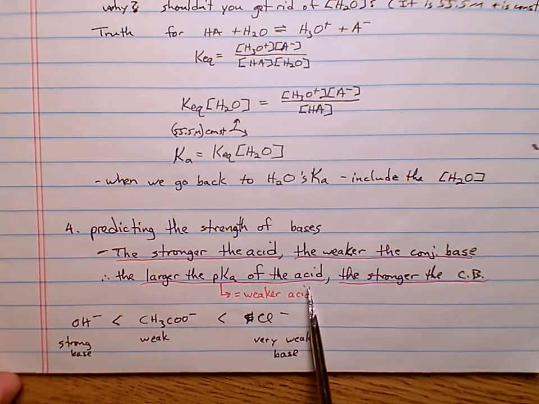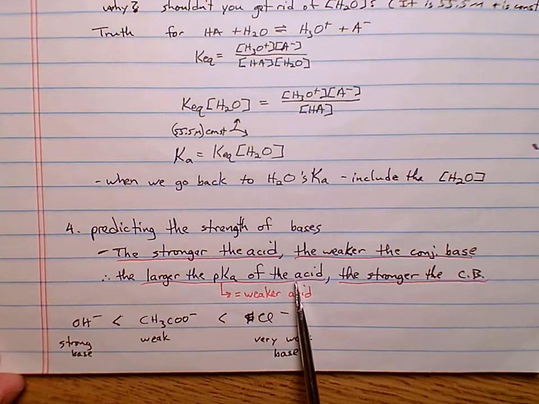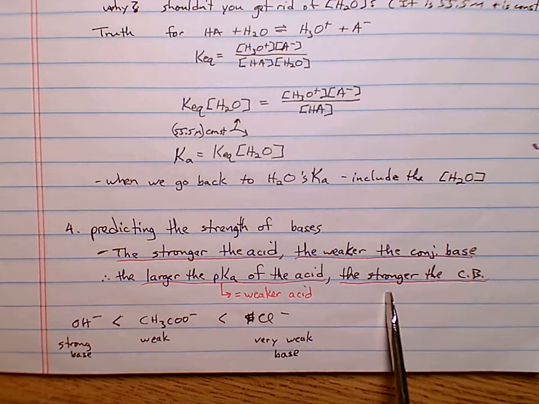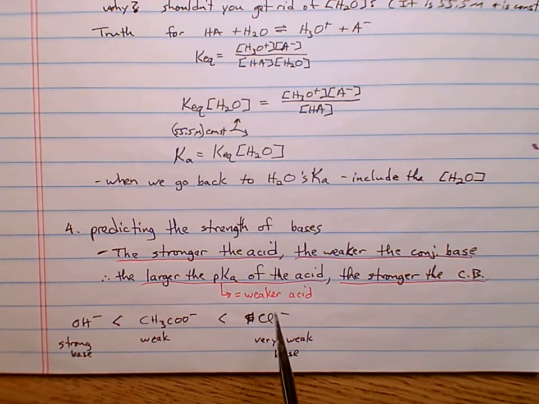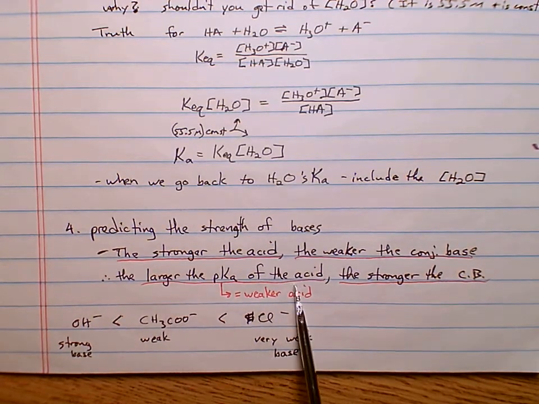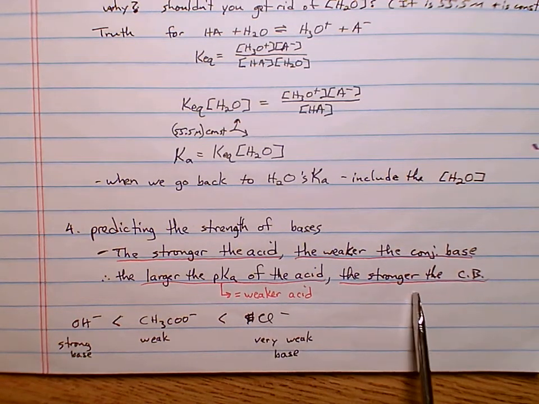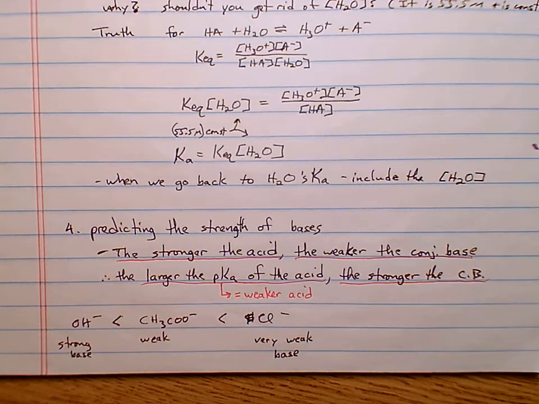Therefore, recall the larger the pKa, the weaker the acid is. The weaker the acid, the stronger the conjugate base. So if you see large pKa values in that table, we know those are weak acids, which means their conjugate bases are strong conjugate bases. Which tells us that OH minus is going to be a strong base, because let's look at the conjugate acids from whence these came.